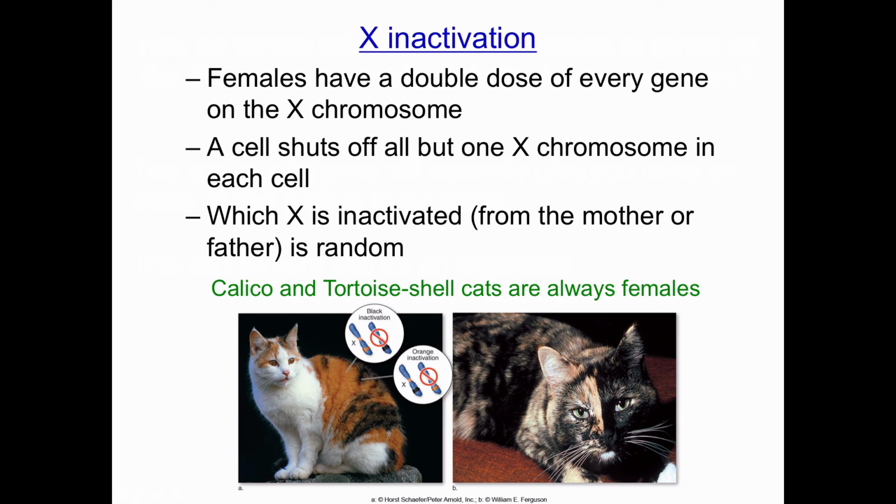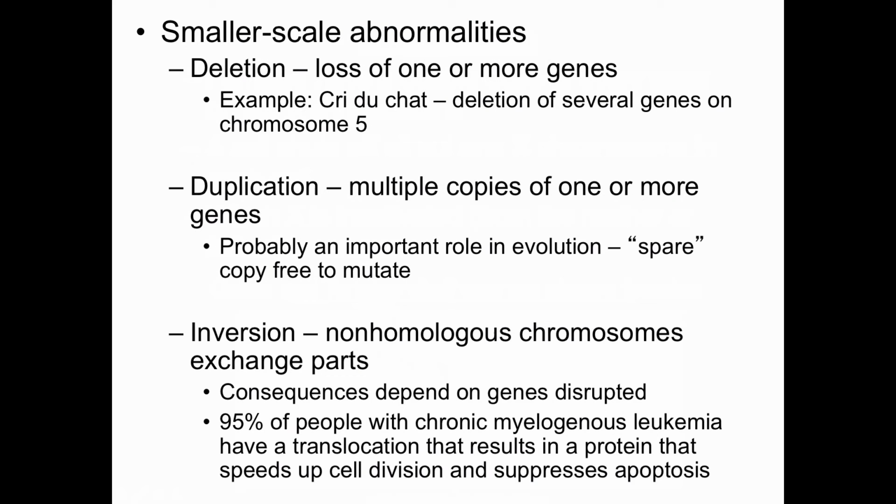So the resulting cat will have patches of black and orange fur, or black and tan fur in the case of the tortoiseshell cat. Those tortoiseshell cats and calico cats are almost always female, and that's a result of this inactivation, these patches of fur. And that's perfectly normal. It's a normal development. There's nothing weird about that.